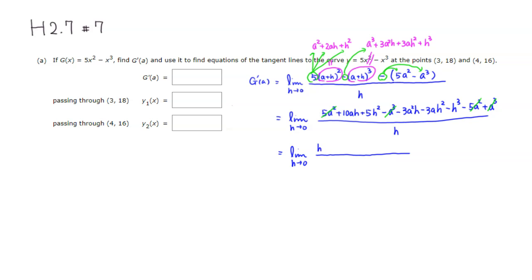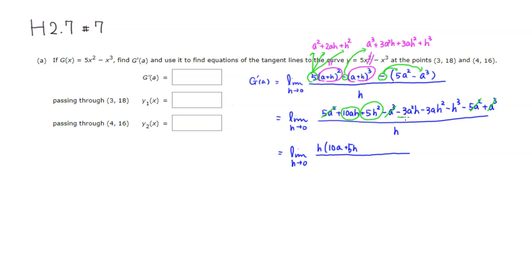If you pull h out, you have 10a left over, so I put 10a here. From here, if you pull one h out, you have 5h.